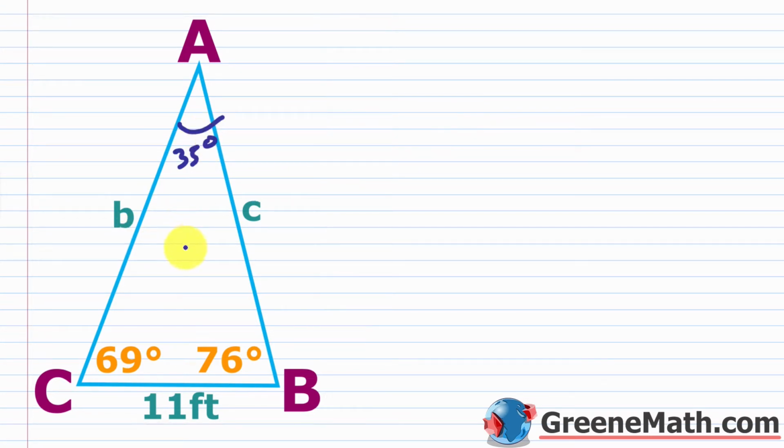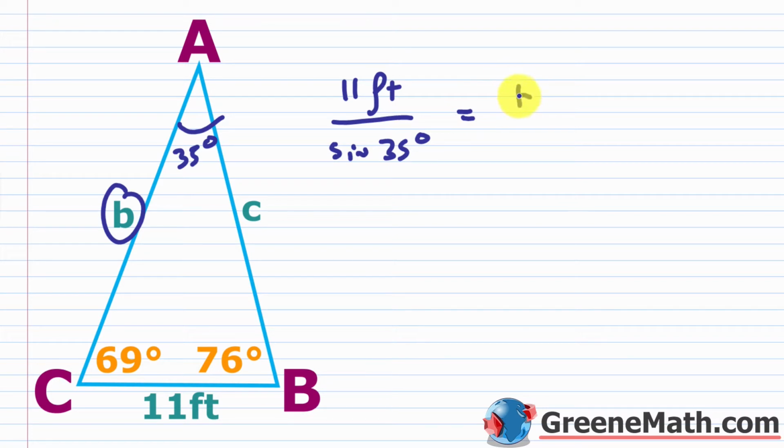Now if I'm trying to find this side here, I say that A, which is 11 feet, over the sine of A, in this case 35 degrees, is equal to lowercase b over the sine of 76 degrees.